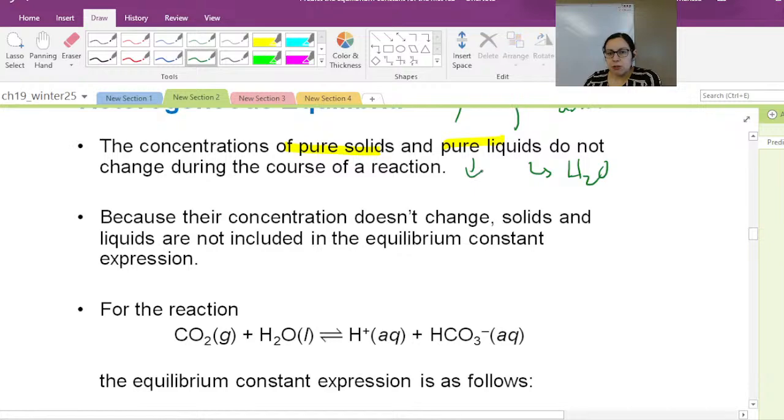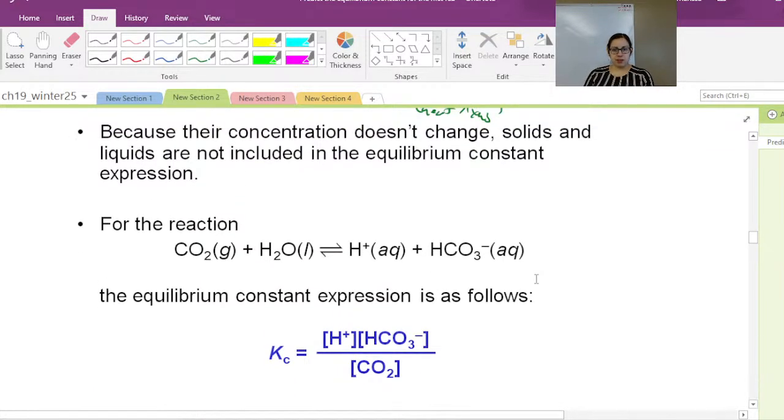We don't really talk about neat reactions, but that's where you're putting in a liquid reagent. Because the concentration doesn't change, these solids and liquids are not included in our equilibrium expression.